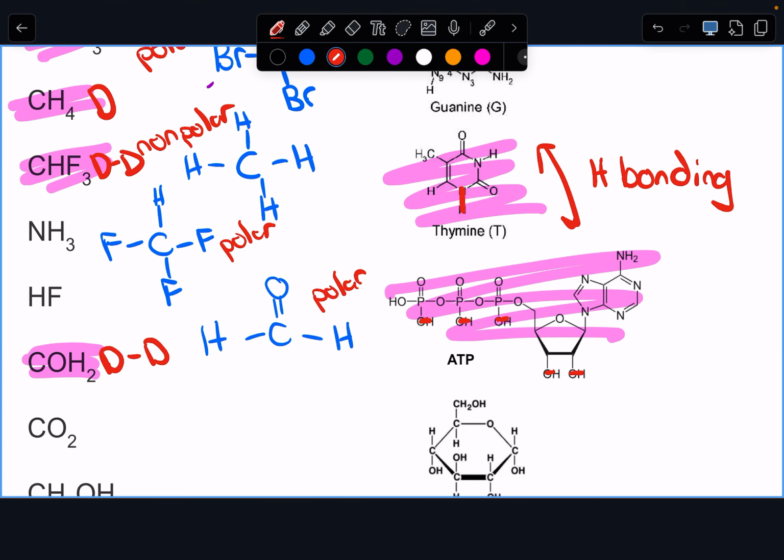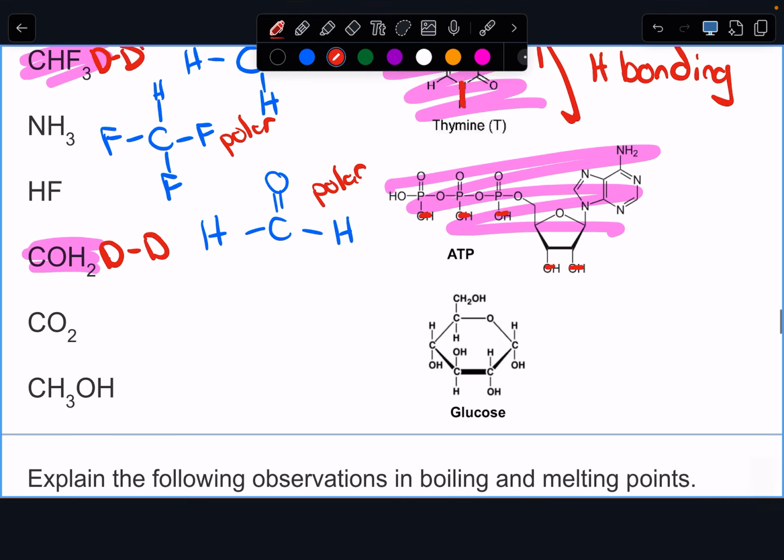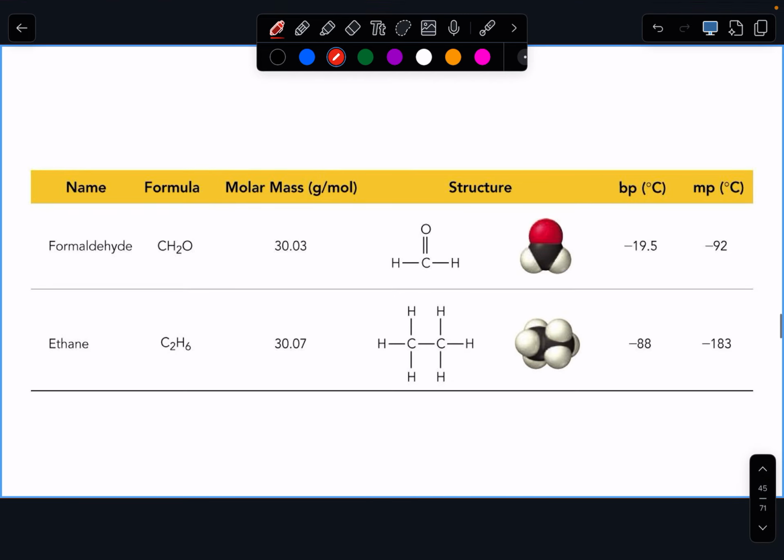So don't forget, we want to be able to predict them from the structure. We also want to be able to make that make sense with what we see observationally. So we did that with acetone and water. This is a similar example, but now we've got something that's nonpolar, similar in size.